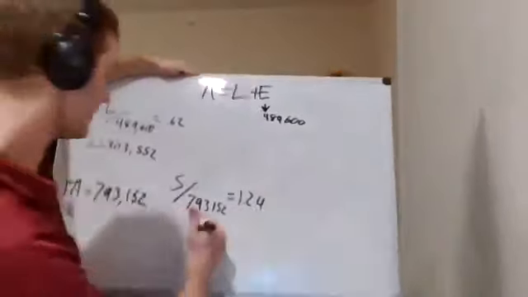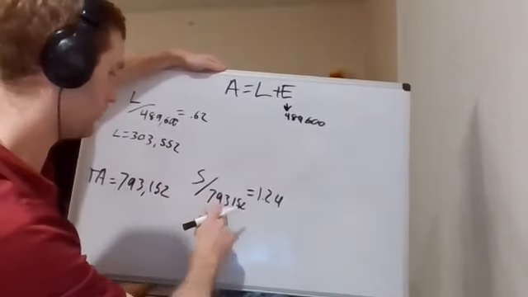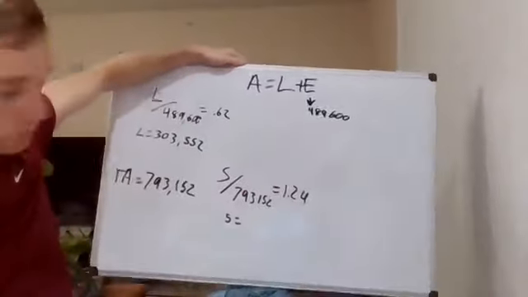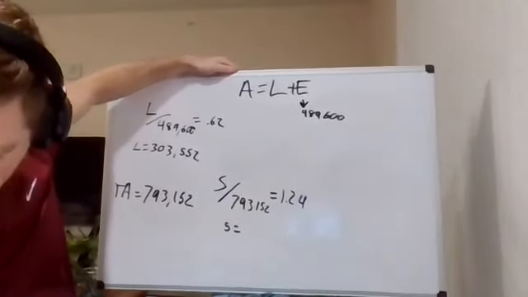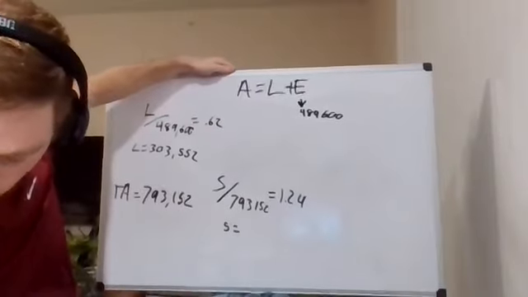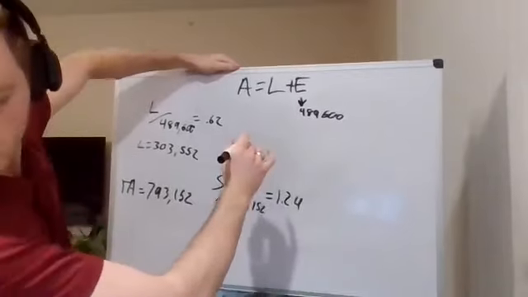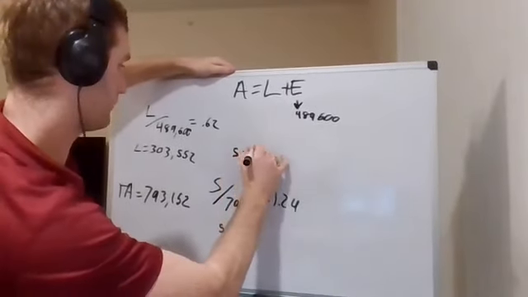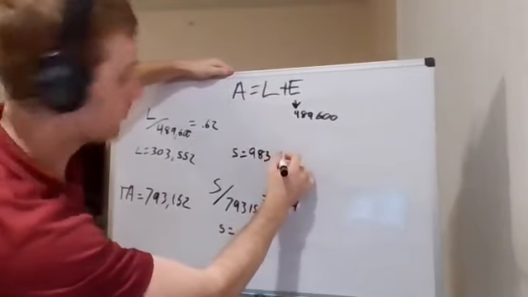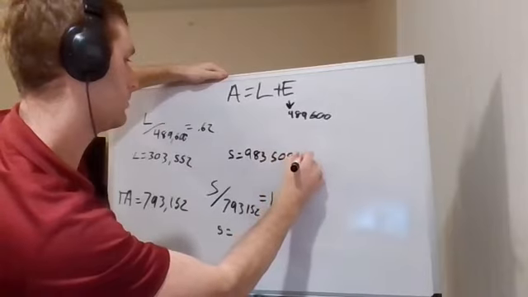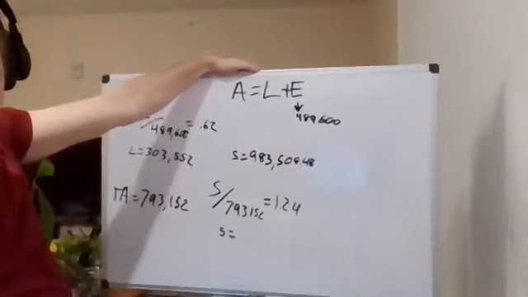We just want to solve for S, so we multiply both sides by 793,152. 793,152 times 1.24 gives us sales equals 983,508.48.